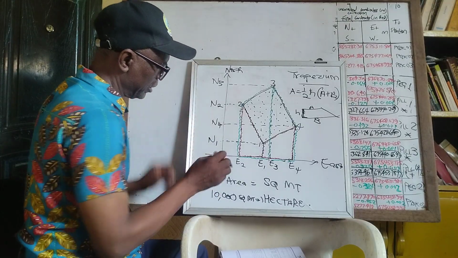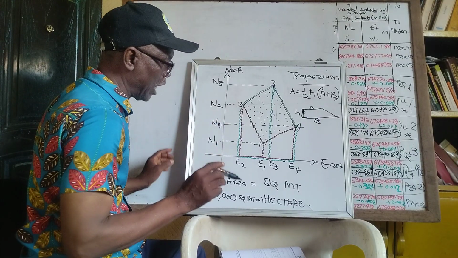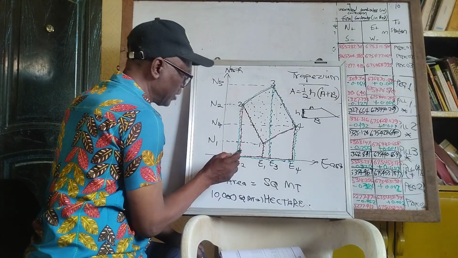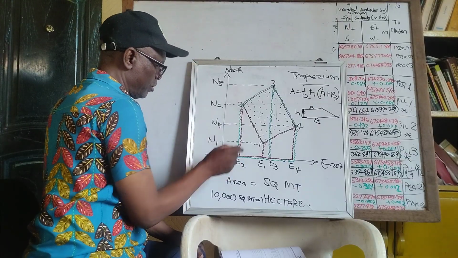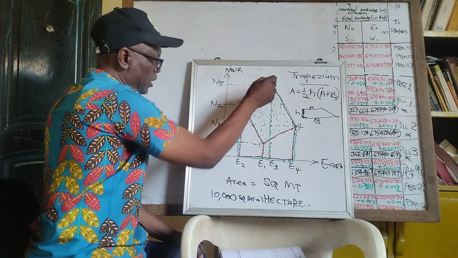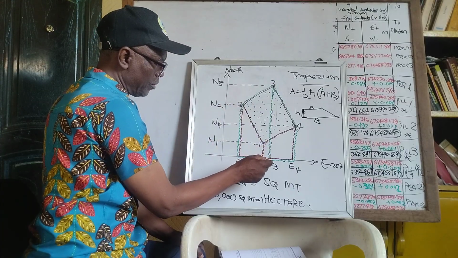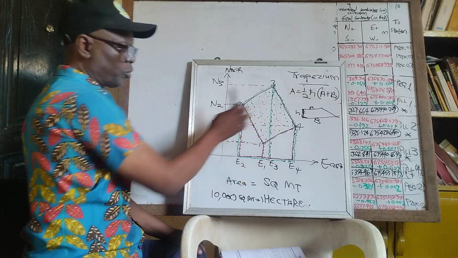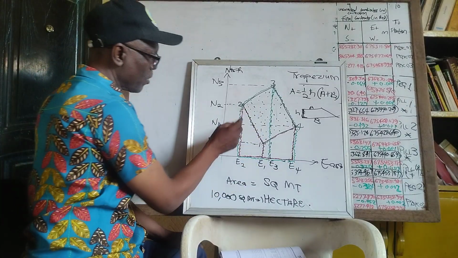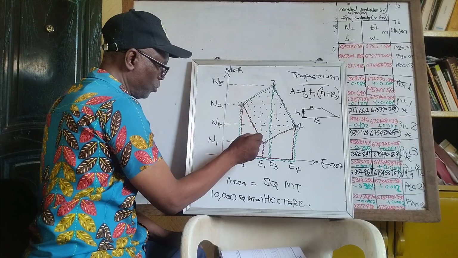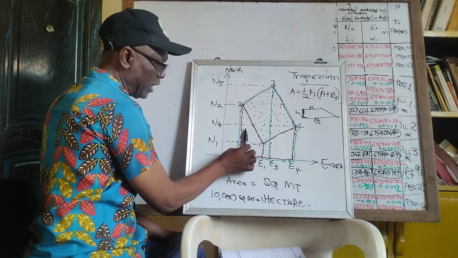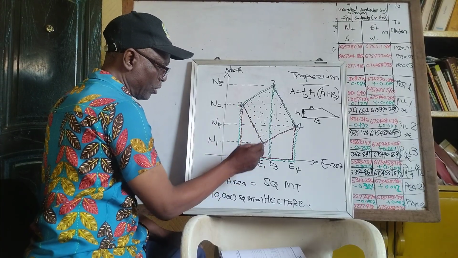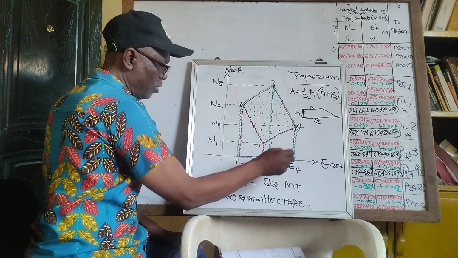Now look at it. The area of the shaded figure will now be this area in green, E2, 2, 3, E3 plus E3, 3, 4, E4, those ones in green, minus E2, 2, 1, E1, this one in red, minus E1, 1, 4, E4.